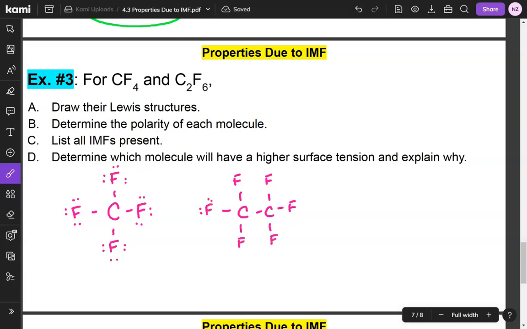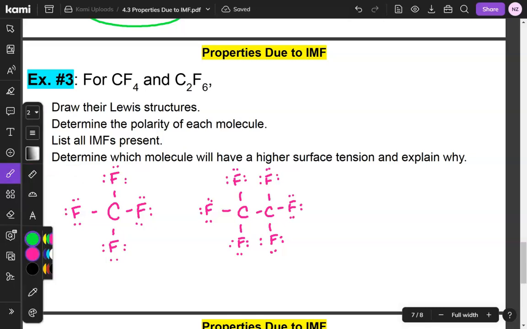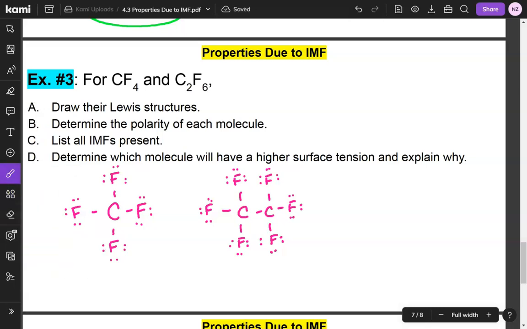Again, if you don't know how to draw Lewis structures, you should go back and watch my video where I go through the process. I'm just kind of speeding through this because I've done these before. All right. Let's determine the polarity. So in both cases, they are nonpolar.